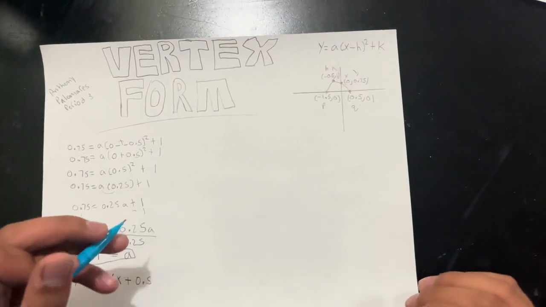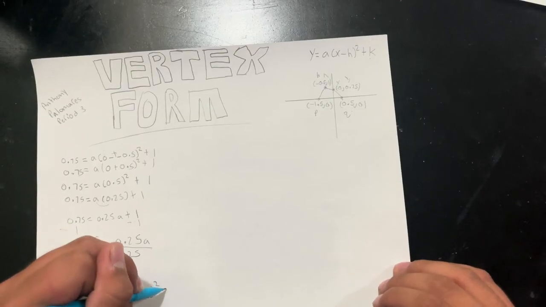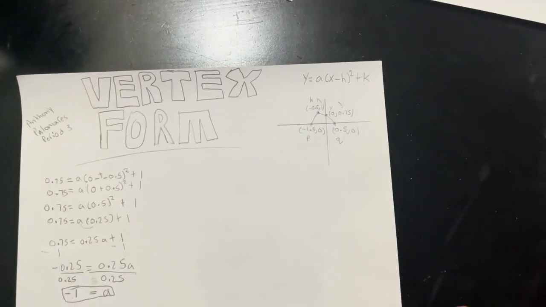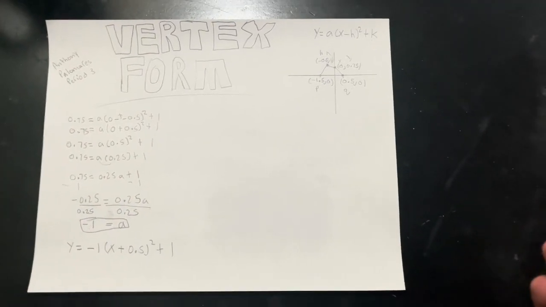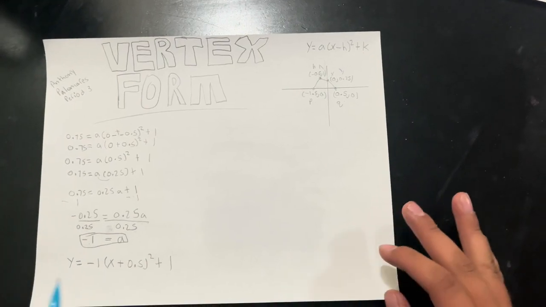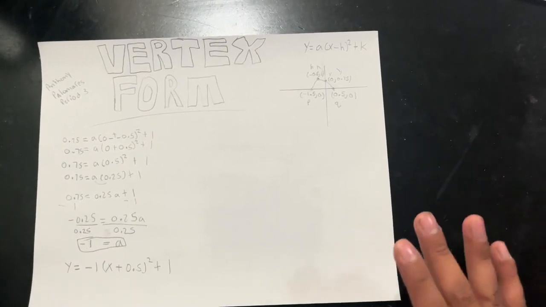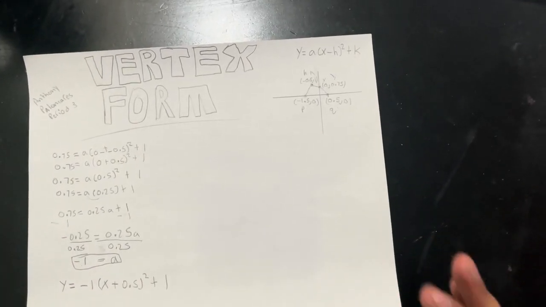And then we square it, and then we add 1. So that is how we find our vertex form equation. So we're almost out of the storm, but we need one more extra step.